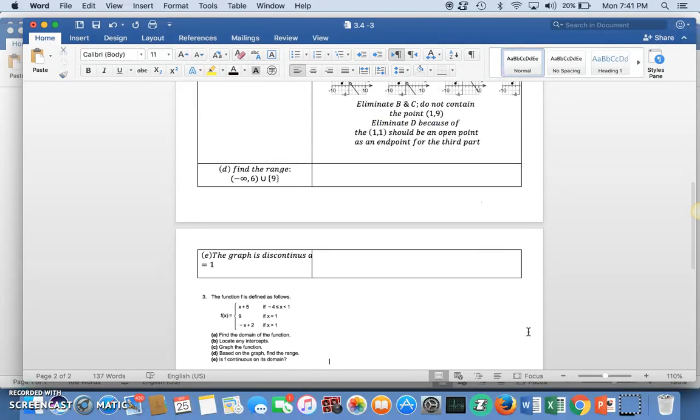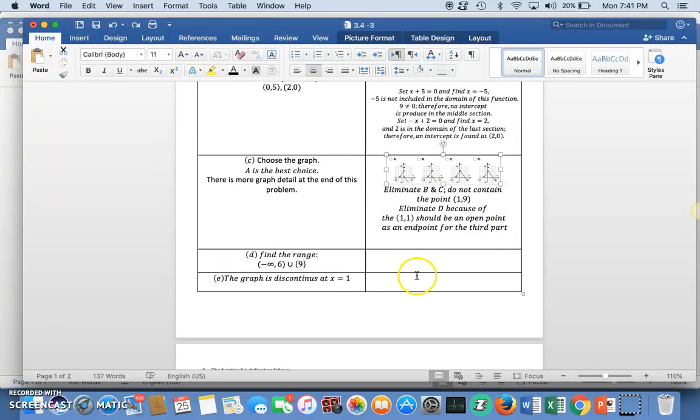Then it asks, is the graph continuous on the domain? No. If it's continuous, you should be able to draw the graph without ever picking up your pencil, and you can't draw that graph without picking up the pencil.